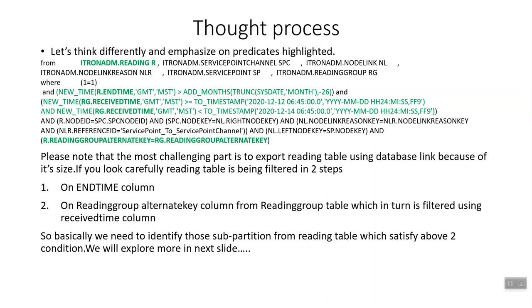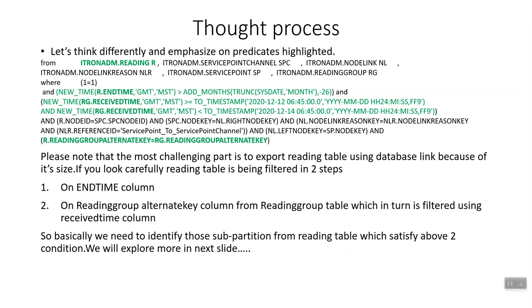You can see that reading group alternate key is a common column for reading group and reading table. Basically we have to satisfy these two conditions, then only we will get filtered data.